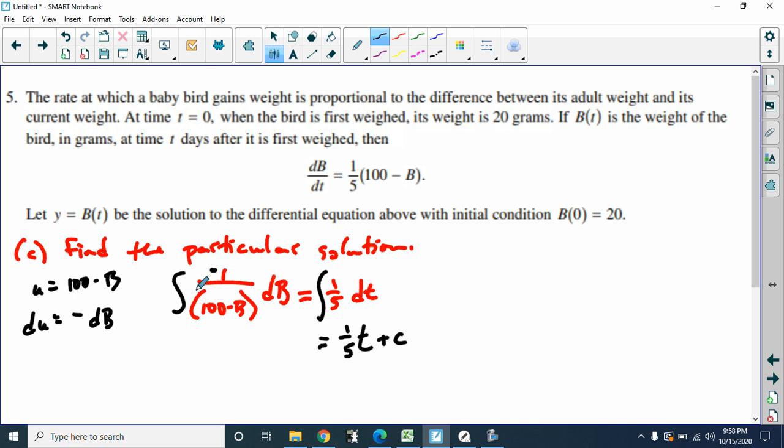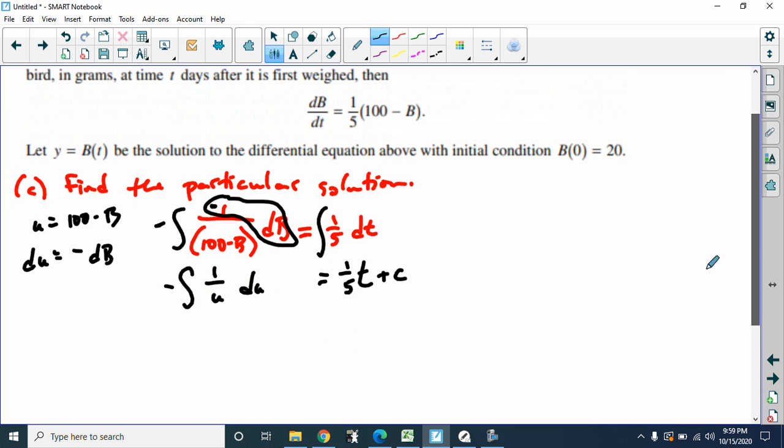So I need a -1 and a -1. There's my du. Absolute value of u, which is 100 minus B. Divide both sides by -1.